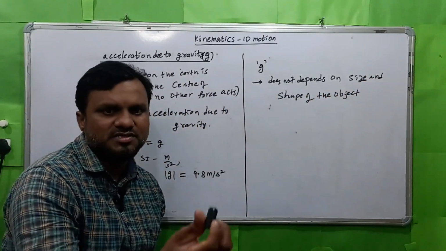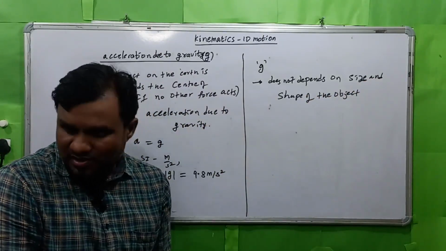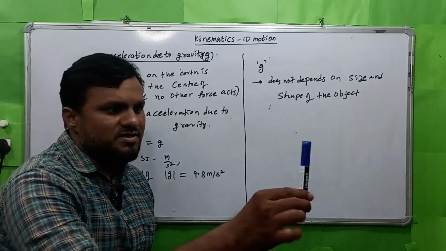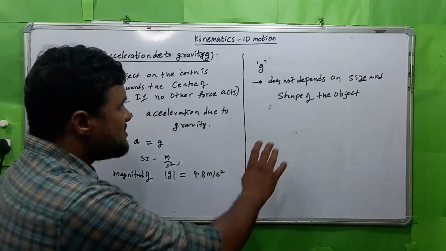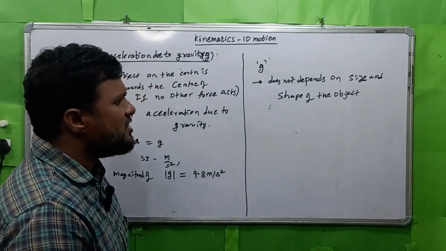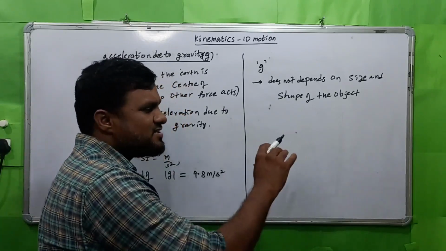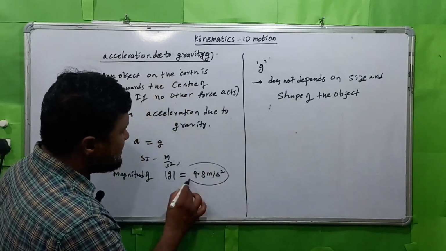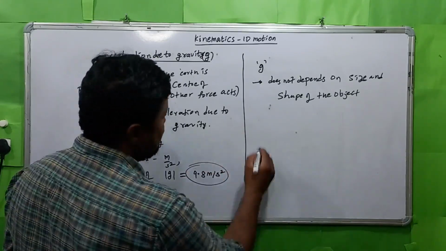Suppose this is a small size; if I throw this, it comes downward again. Suppose this is a big size; if I throw this, it also comes downward again. So g does not depend on shape and size of the object. Whatever the size, it remains the same. Its value is 9.8 meter per second square for any size of object.